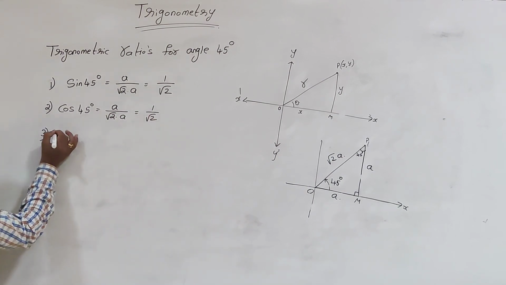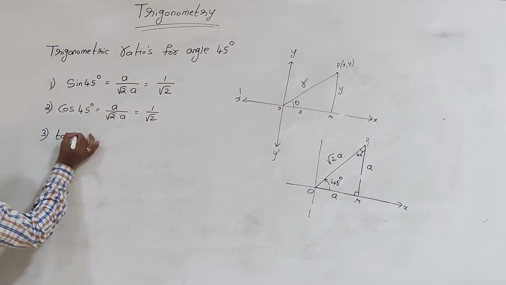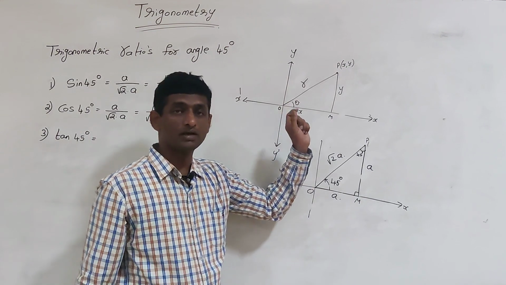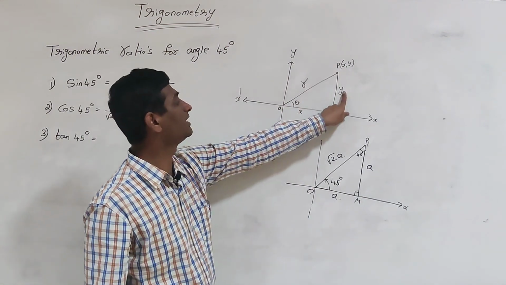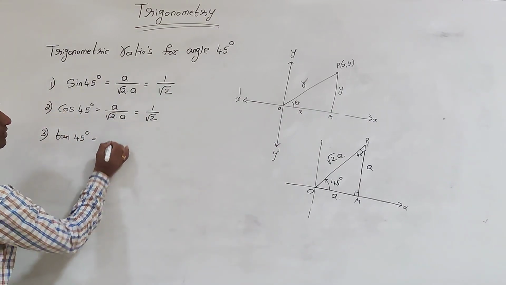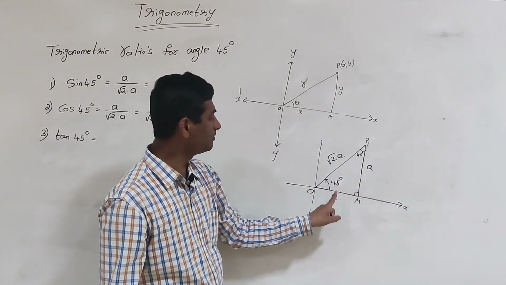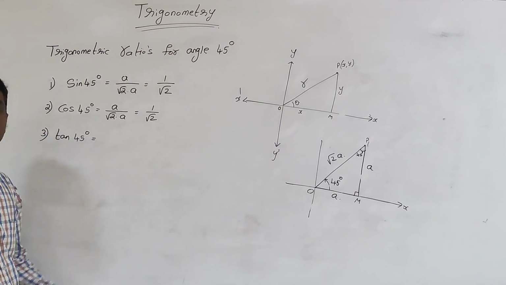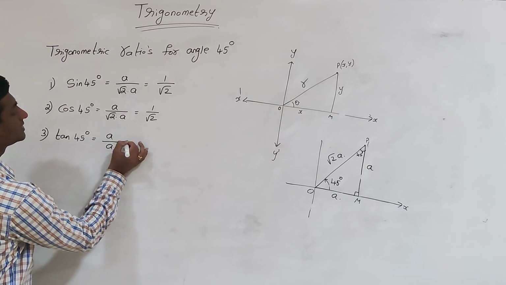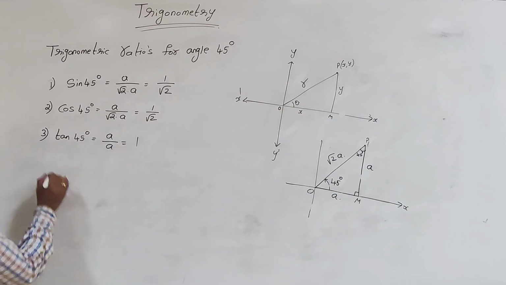Next, third one, tan 45 degrees. As per the definition, tan theta is y by x, opposite side by adjacent side. Opposite side is A, adjacent side of 45 is also A. So A by A, both the lengths are equal, so it will be 1.